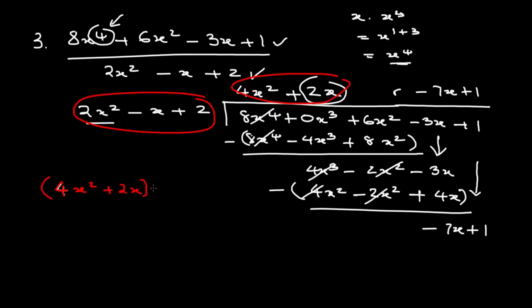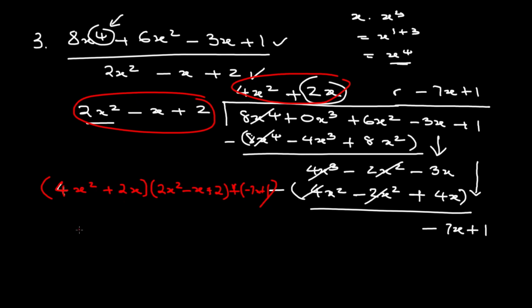Then what's the other factor? The other factor is going to be 2x squared minus x plus 2, like that. Then what will be our remainder? Our remainder will be plus minus 7x plus 1, like that. That will be our base polynomial.